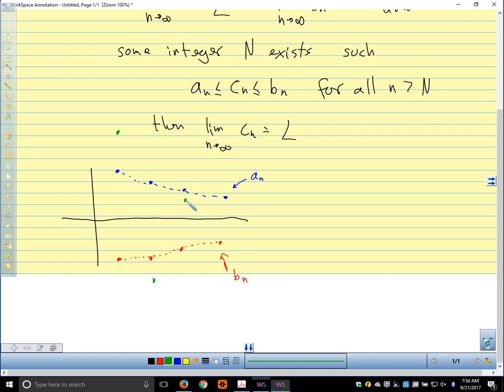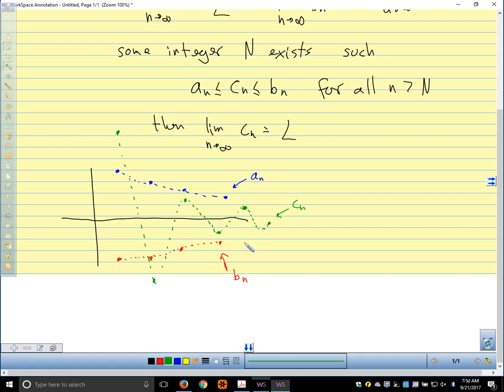But then eventually, my C sub n's go in here. So my C's are doing this. And eventually, all the C sub n's, I'll put the next one over here. These are C sub n's. So eventually, all the terms of my C series are in between the terms of the A and B series. They all have to converge to the same limit.